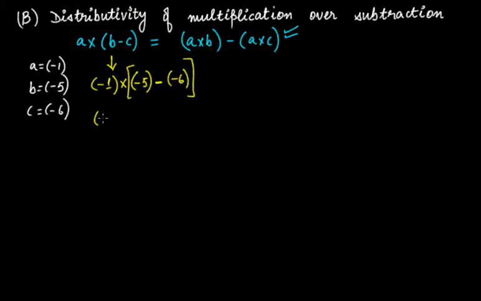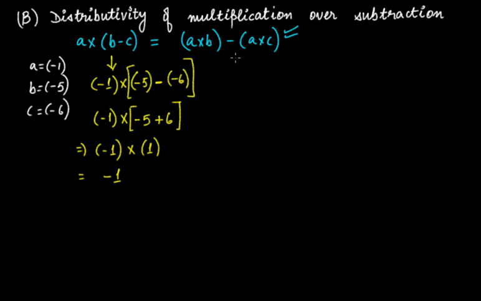So it will be -1 times -5 minus, and the minus sign with minus will become plus, this will be 6. This will be -1 times, this will become 1, this will be 1, and your answer will be -1.